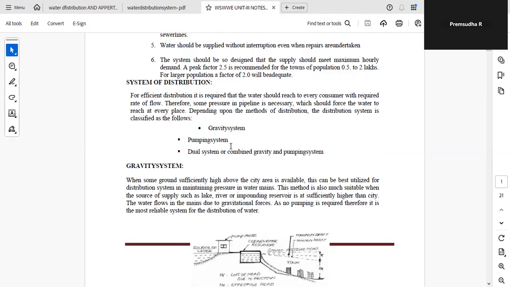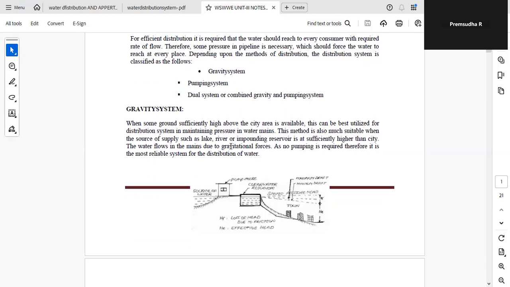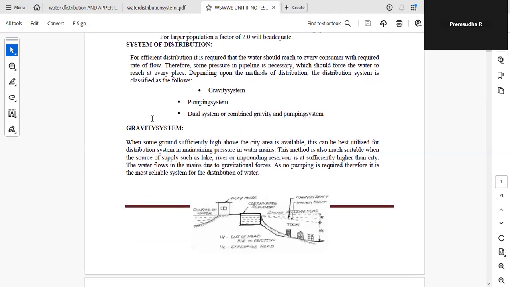Now the systems of distribution. Here you can see how we are going to distribute the water. There are three types of system: gravity system, pumping system, and dual system, or combined gravity and pumping system.